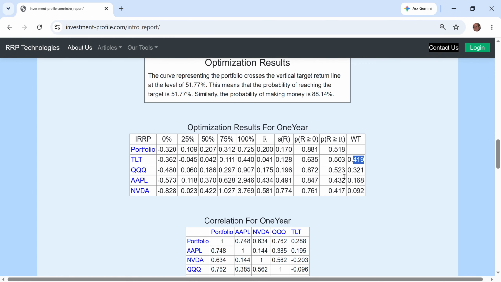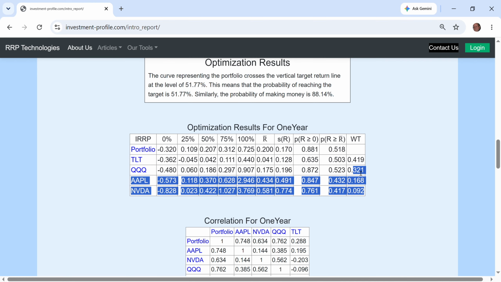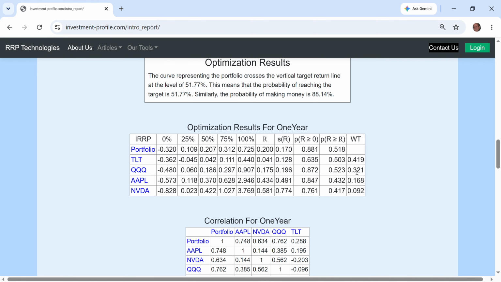And as you look in successive rows, you see 32% is put into QQQ, and about 17% is put into Apple, and only 9% is put into NVIDIA.